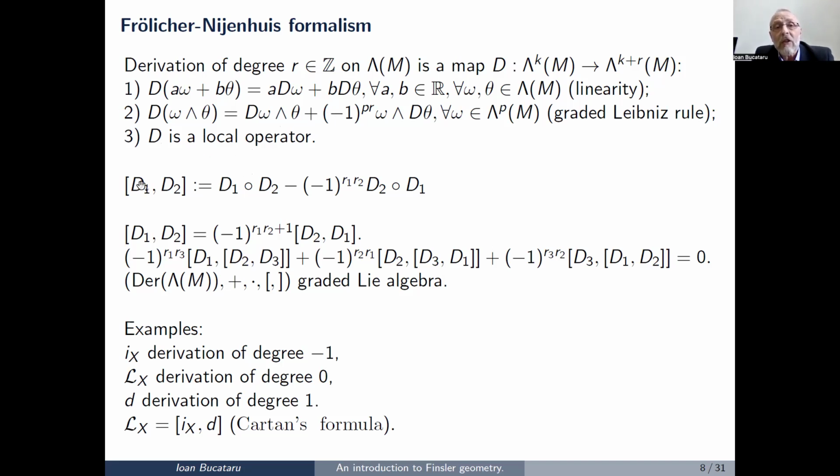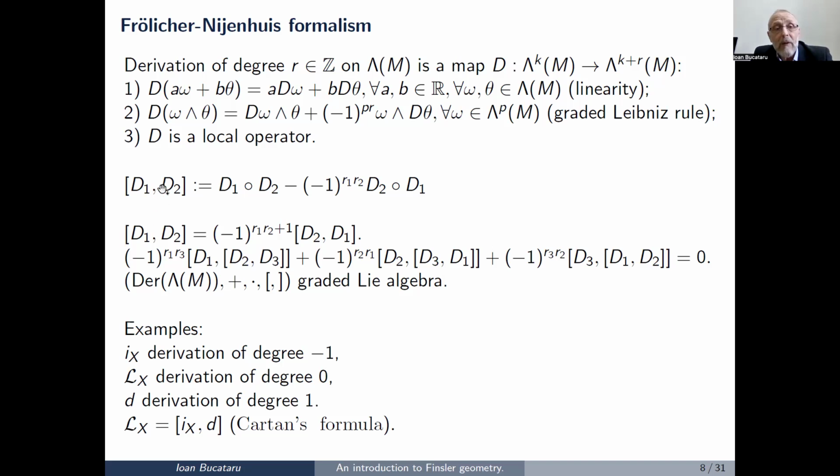So on the set of derivations on forms, we can consider this commutator. This commutator actually satisfies this graded skew-commutativity. It satisfies this graded Jacobi identity. Think of this as a Jacobi identity, but it takes into account the degree of the derivation.